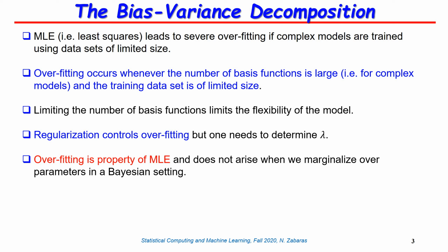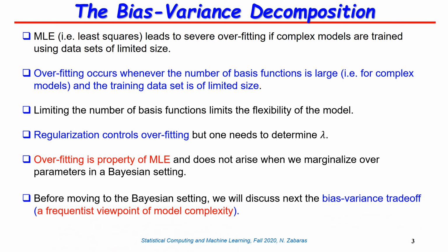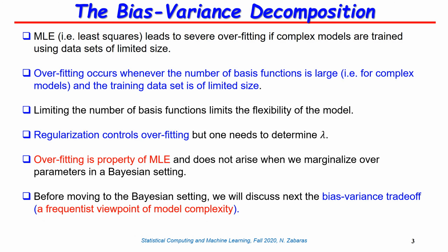The reason has to do with the fact that the predictive distribution in a Bayesian setting is an integral over the parameter space of the likelihood times the posterior. Even if you have thousands of parameters, you integrate them out, and as a result, you don't get any overfitting. So in some sense, we are going to remain in the fully frequentist setting for the lecture today, and we anticipate many of the issues discussed today not to be as relevant when we discuss the Bayesian setting.